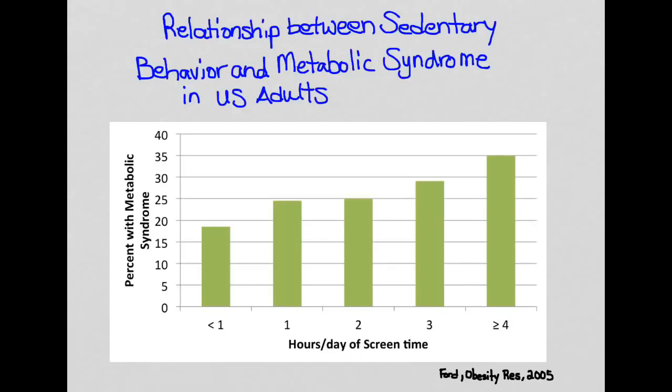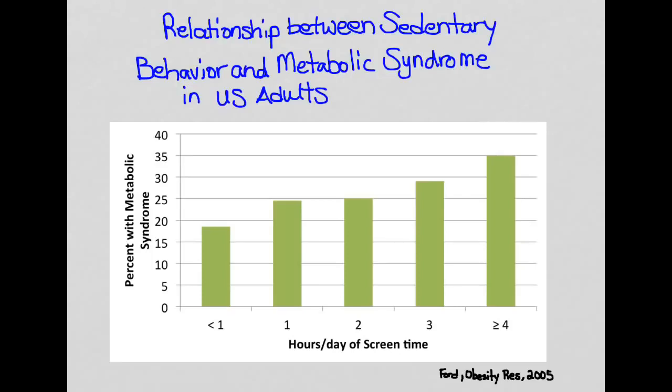And so here what this shows is that greater hours per day of screen time is associated with a greater prevalence of metabolic syndrome. And so this example illustrates one of the limitations of a cross-sectional study, because you don't know here which of the variables causes which.